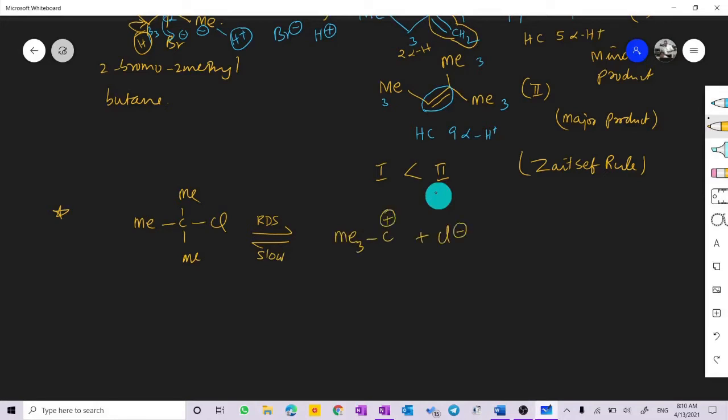This tertiary carbocation can undergo 2 reactions as I told you. Suppose the OH- is a nucleophile, then the substitution nucleophilic unimolecular reaction will take place and Me3COH, tertiary butanol, will be formed as a product.